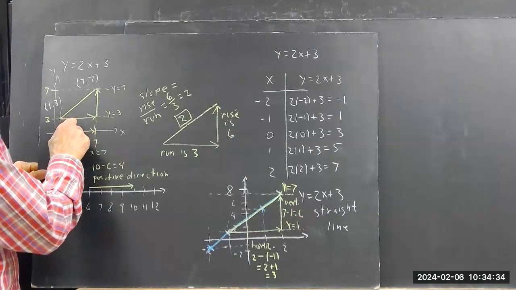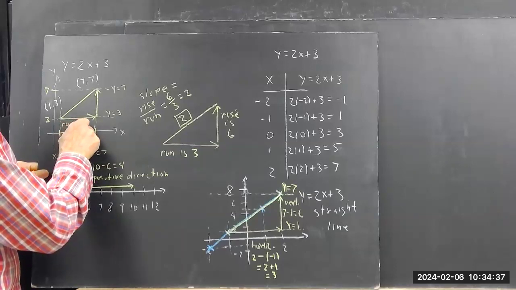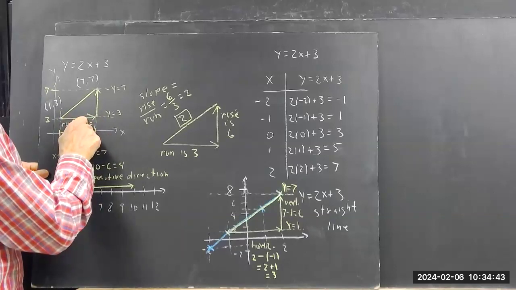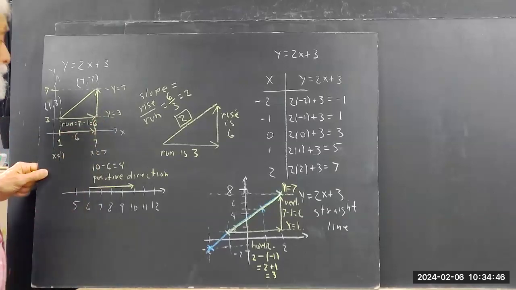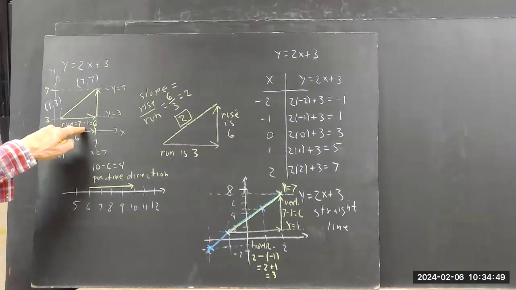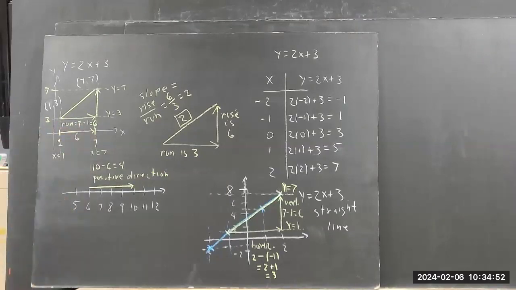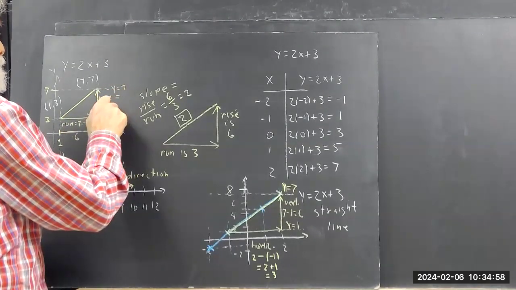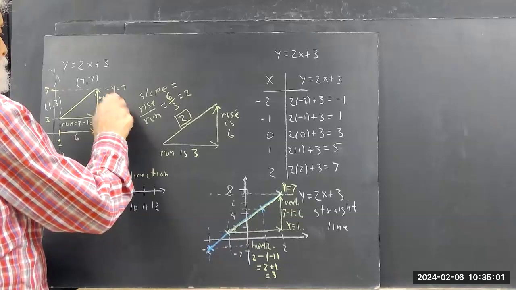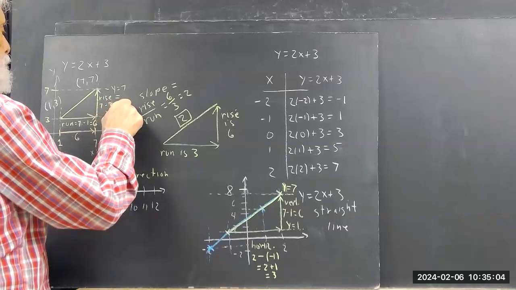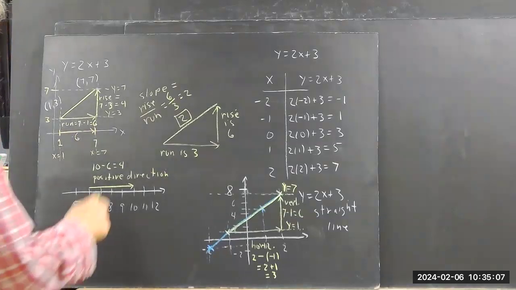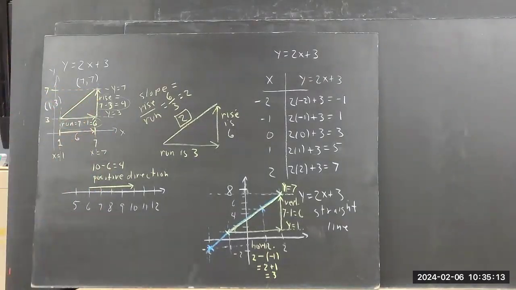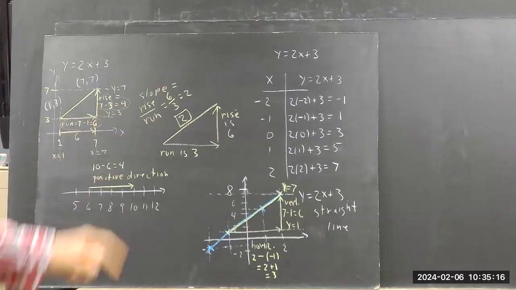Well, we can say now the run is 7 minus 1, I'm sorry, equals 6. And you want to write that in to reinforce it. And here, 7 minus 3, I keep that in my calculation. Rise is 7 minus 3, which is 4. So we label that so that we really reinforce what we've got.